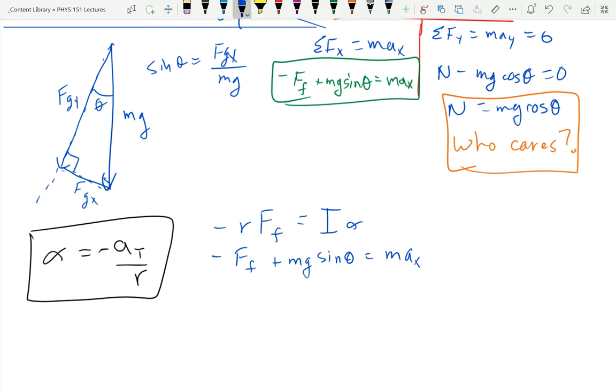I'm going to change that tangential to an x. So I had those two equations, and then I put the black equation in to substitute for alpha, so I get it in terms of just my acceleration ax.